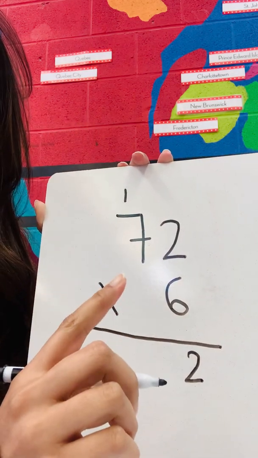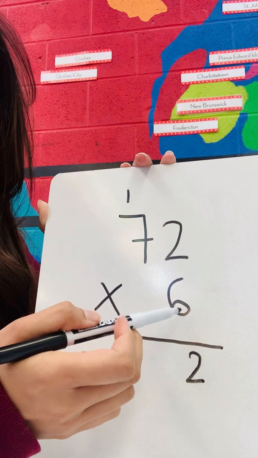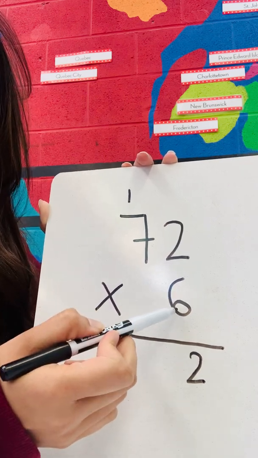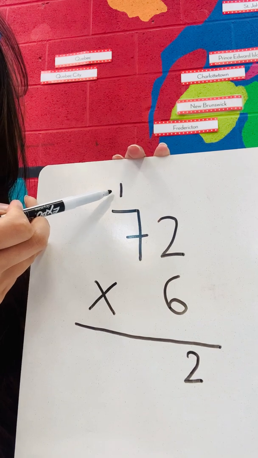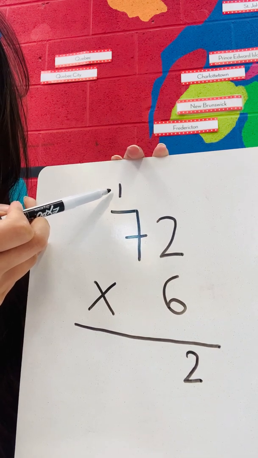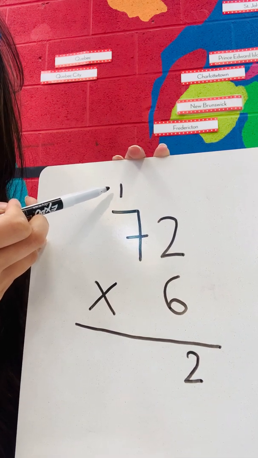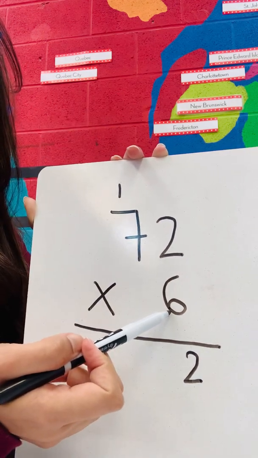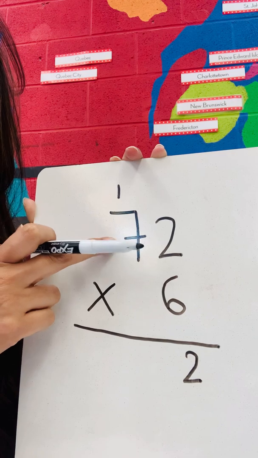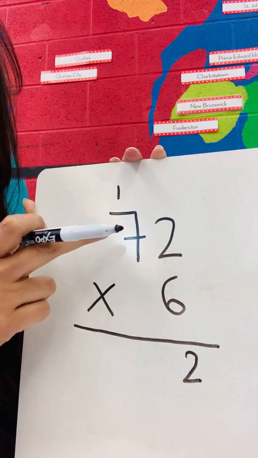Now remember, when we are multiplying, please do not think that you have to multiply your 6 to the number you carried over. We only add the numbers we carry over, always. We are going to multiply our 6 to our 10s, which is 7.